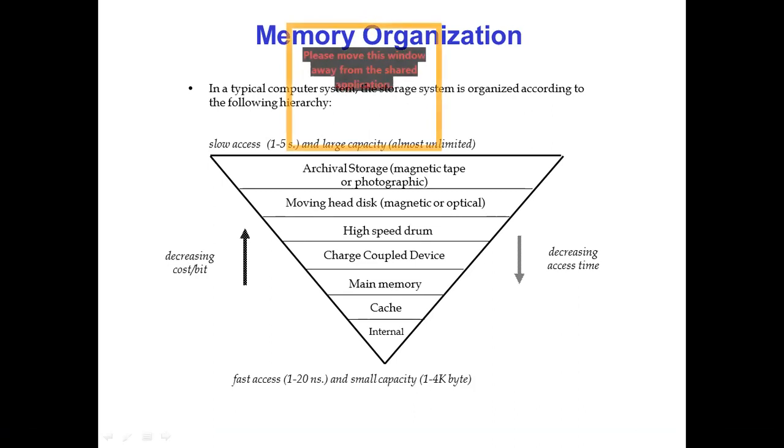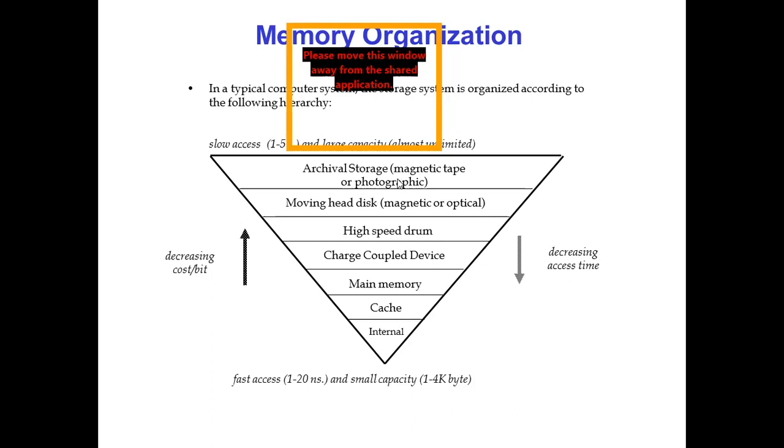Slow access means more time is taken by the number of signals, or the commands used by the user, and it is 1 to 5 seconds. And large capacity means almost unlimited. So here we can use almost unlimited memory, but the access is slow.